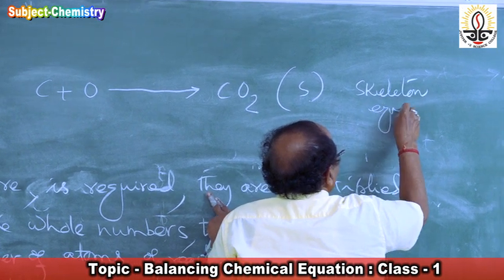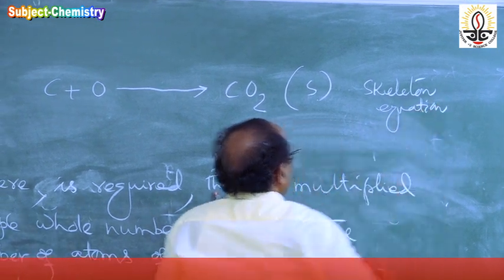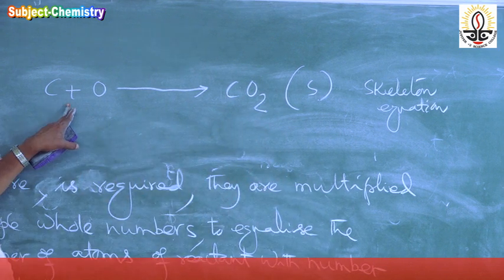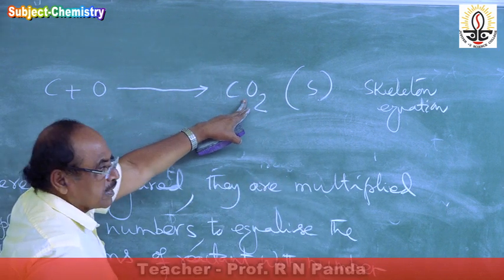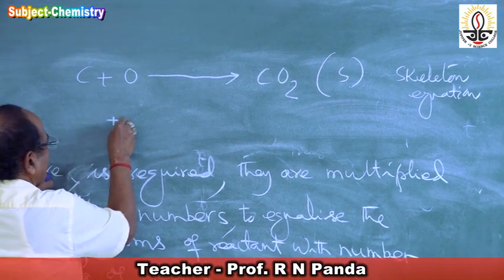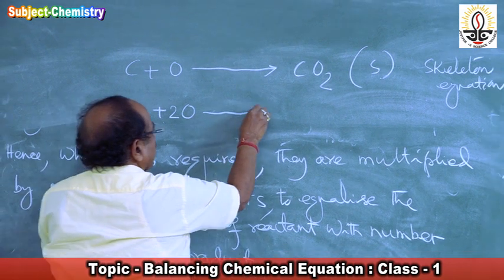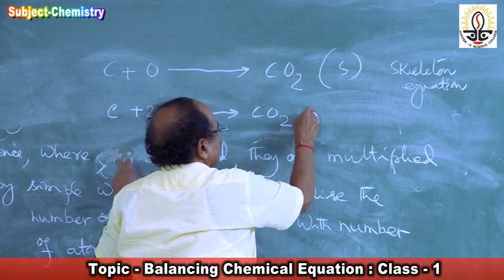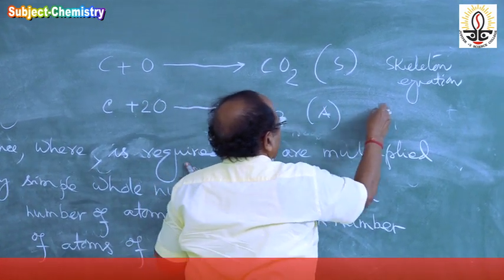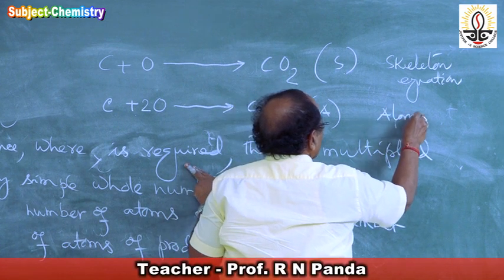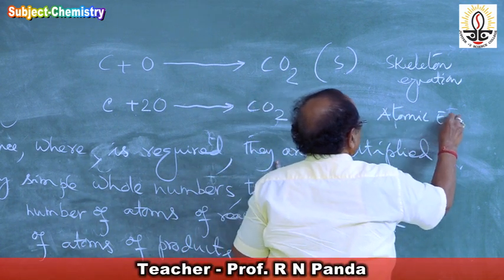Now we'll make it atomic. Second step: here there are 2 atoms of oxygen, so we multiply this by 2, and this by 1. So this side carbon dioxide. This is called A, the atomic equation.